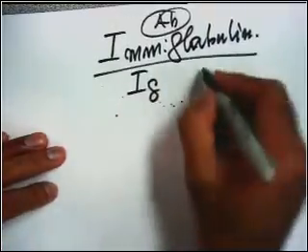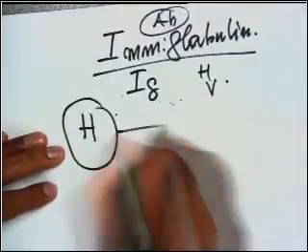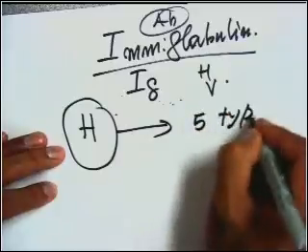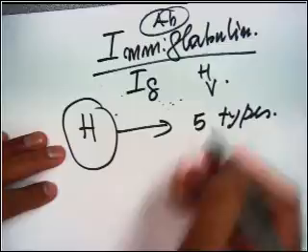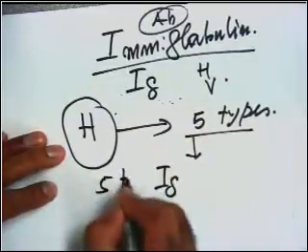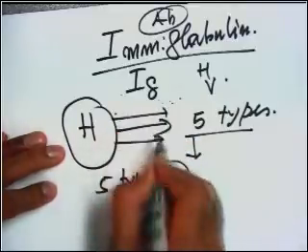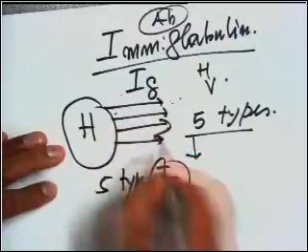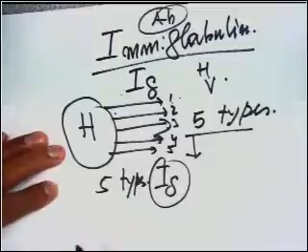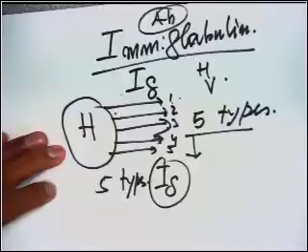And this is made up of heavy chain and light chain. And this heavy chain, H, is responsible for what? 5 types. H has 5 types. So you have 5 types of Ig, 1, 2, 3, 4, and 5. There are 5 types of heavy chains, and that constitutes the 5 types of Ig.